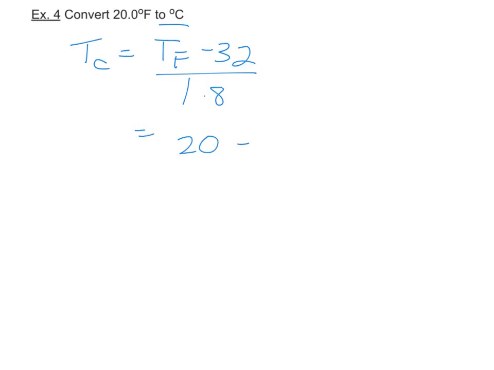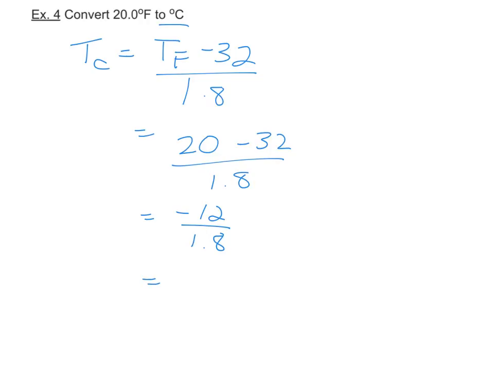Again, converting from Fahrenheit to Celsius, we're going to Celsius, so we want our Celsius formula, so that's the Fahrenheit temperature minus 32 divided by 1.8. We have 20 degrees Fahrenheit minus 32 over 1.8. And 20 minus 32, remember you can have negatives when you're dealing with temperature, so we get negative 12, divided by 1.8.